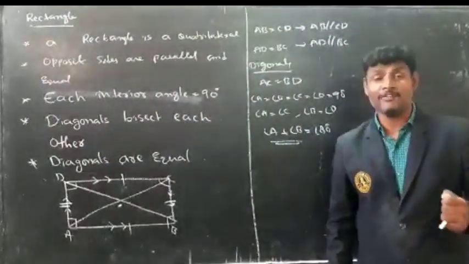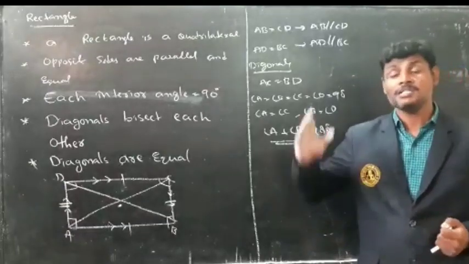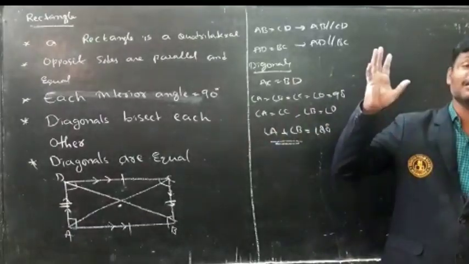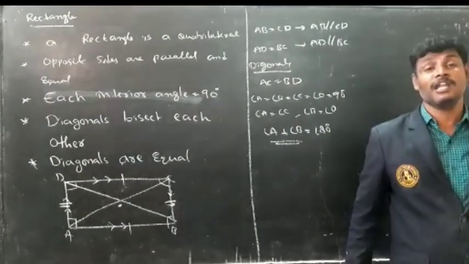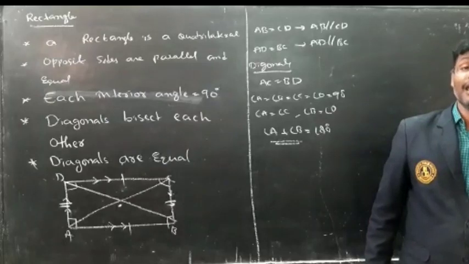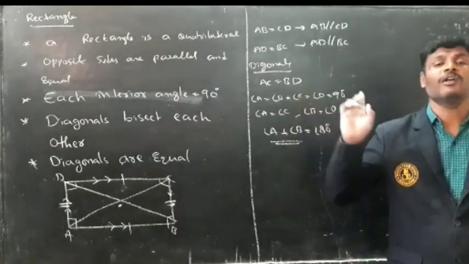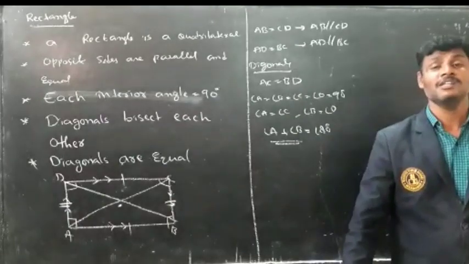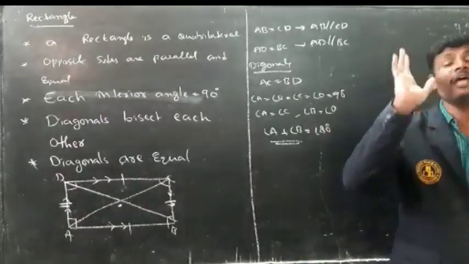Why? Because in a parallelogram opposite sides are equal and parallel, and in a rectangle also, but in a rectangle each and every angle is 90, while in a parallelogram it is not like that.